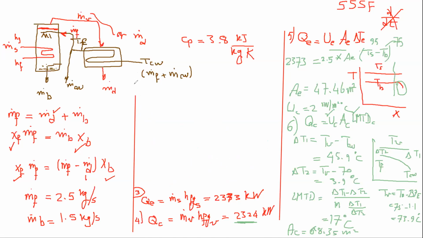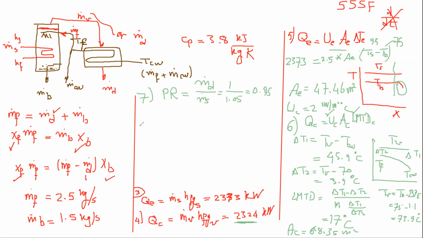PR, by definition, is m dot distillate over m dot steam. M dot steam is 1.05, if I'm not mistaken. So this is essentially 0.95, and this is typical of a system like this.